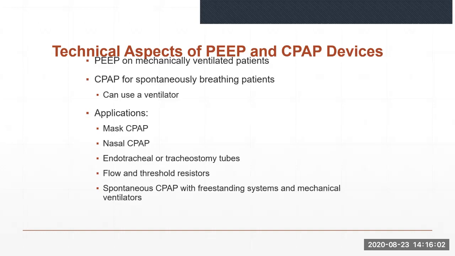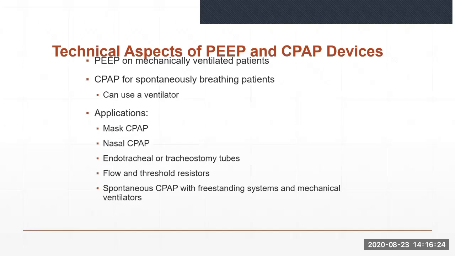Although CPAP can also be used to reduce shunting, its application is for patients who are spontaneously breathing. CPAP can be achieved with a mechanical ventilator by setting the mode selection switch to the spontaneous or CPAP mode, and then setting the desired level of CPAP in the PEEP control.